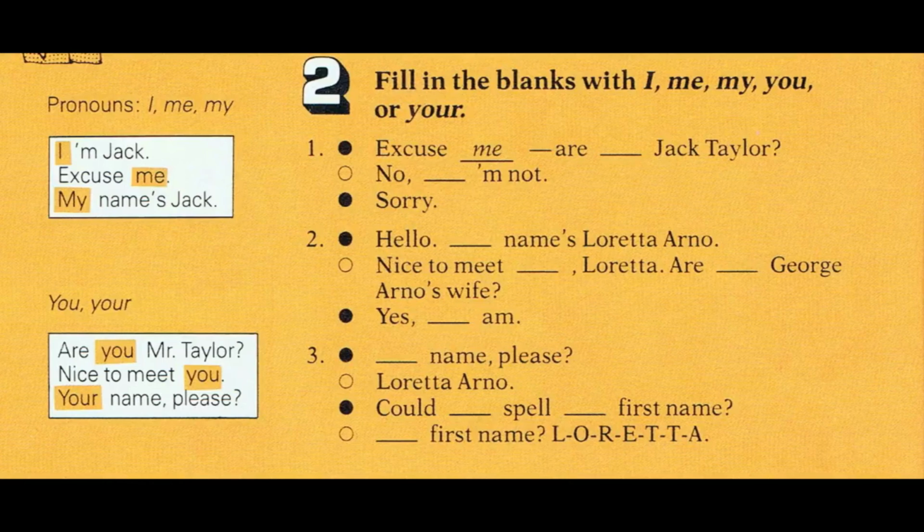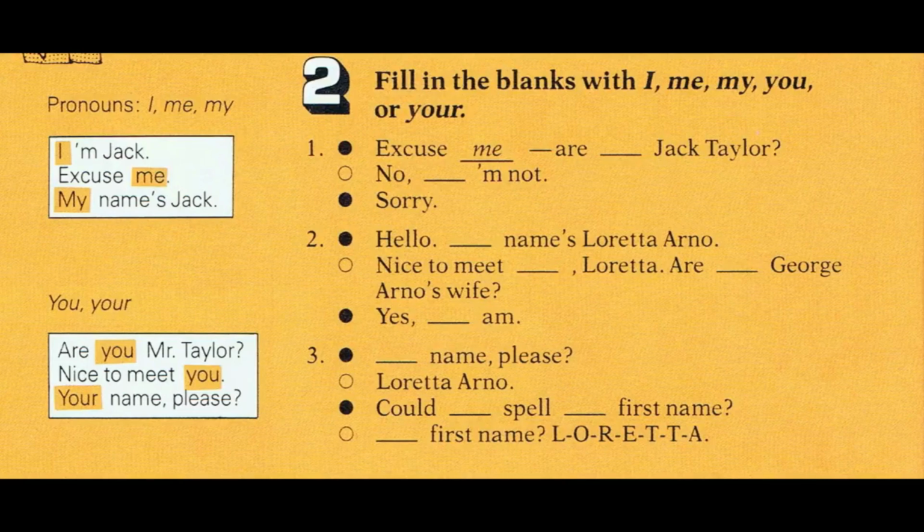Then we have in another box, are you Mr. Taylor? Here we have the subject pronoun. You is a pronoun which is used instead of names. Nice to meet you. This you is an object pronoun. For example, I am meeting you. I am the subject. I do the action.